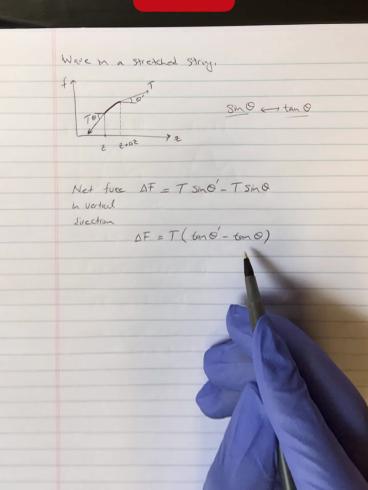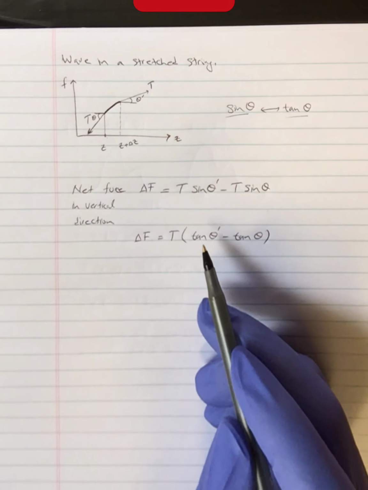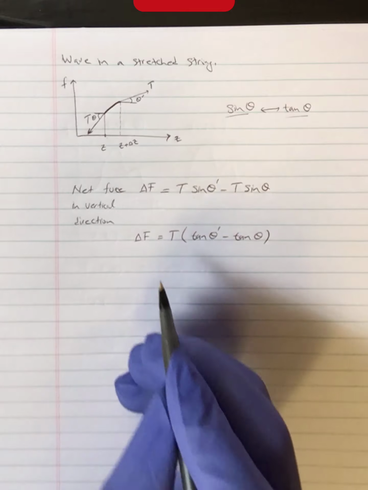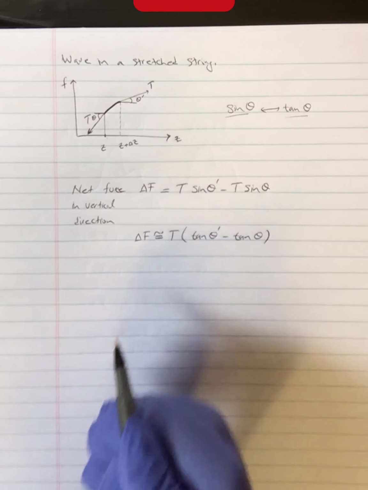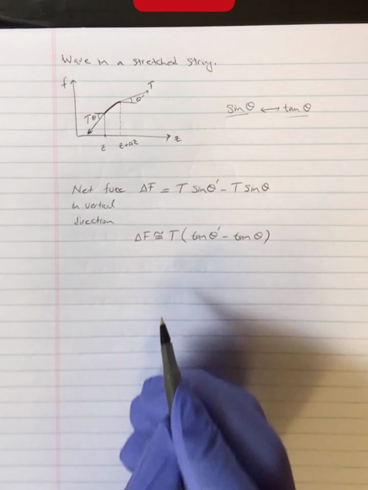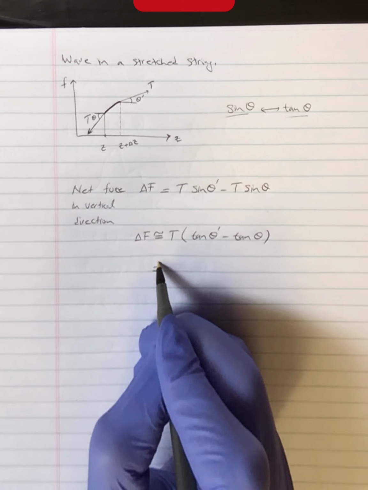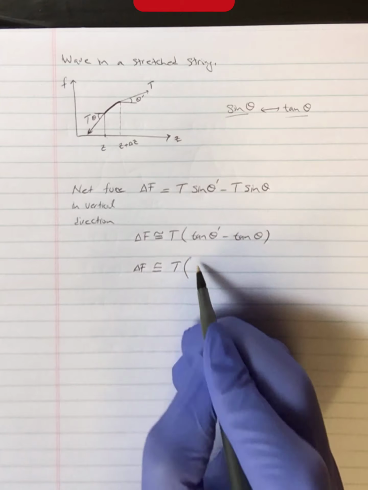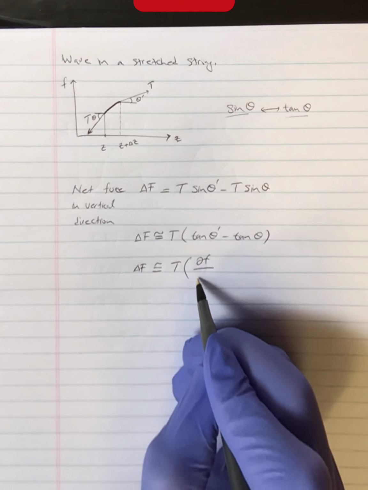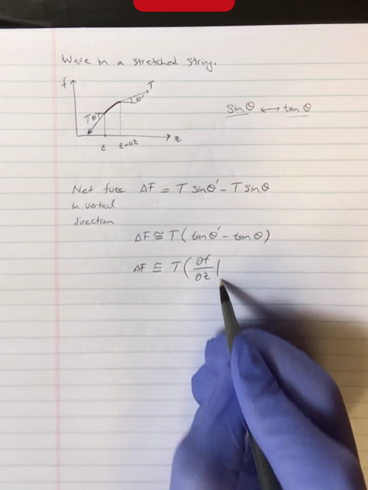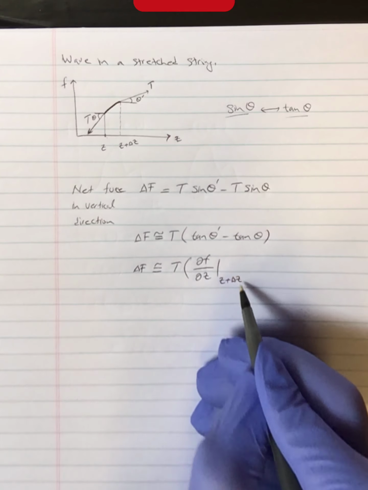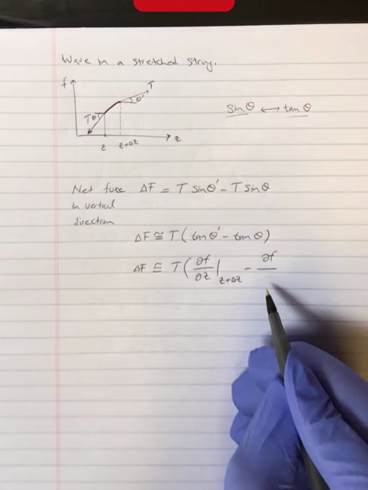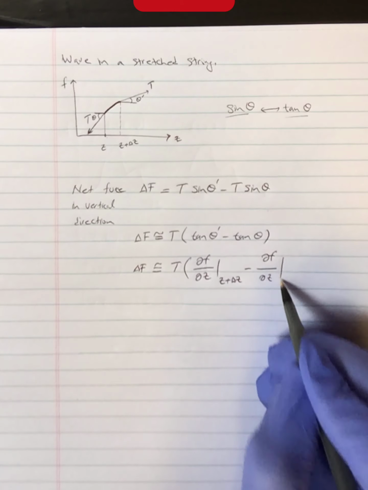That's technically a slope, which is the derivative of F with respect to Z. So this is almost equal to T times the derivative of F with respect to Z at Z plus delta Z minus the derivative of F with respect to Z at Z.